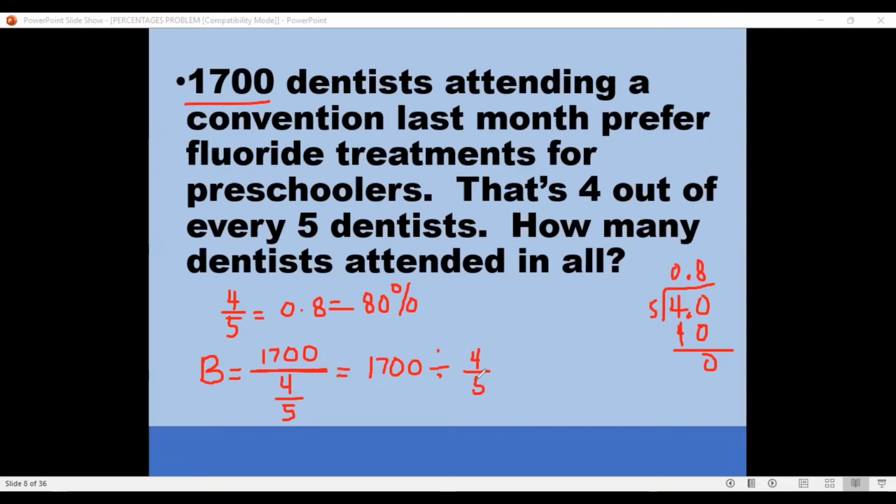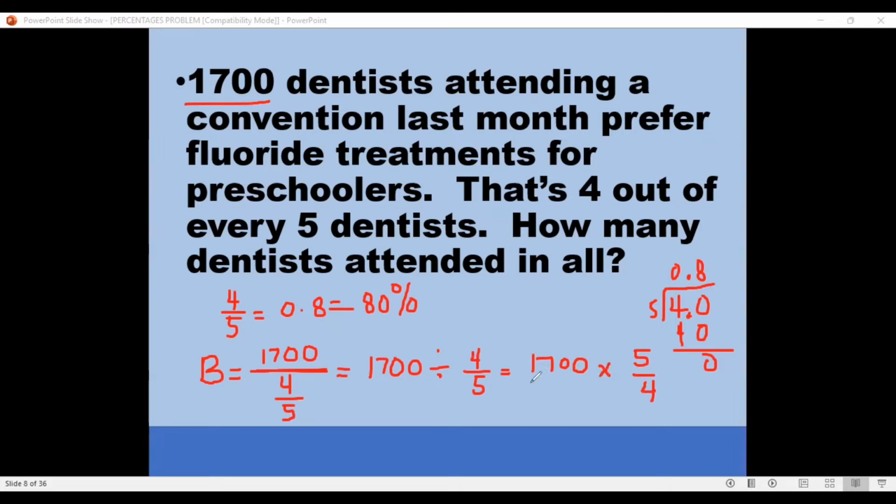Again, we use KFC, which is keep, flip, and change the operation to multiplication. So we have 1,700, then you get the reciprocal of 4 over 5, which turns into 5 over 4, and change the operation to multiplication.